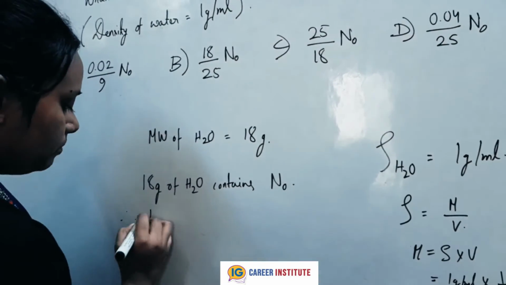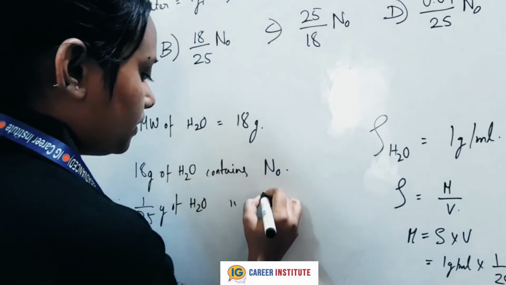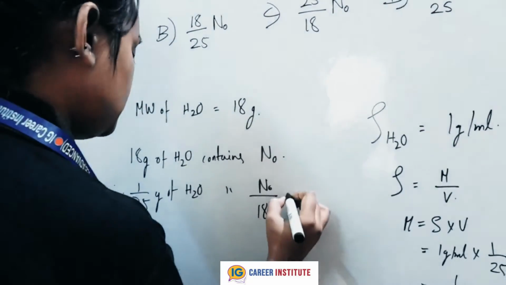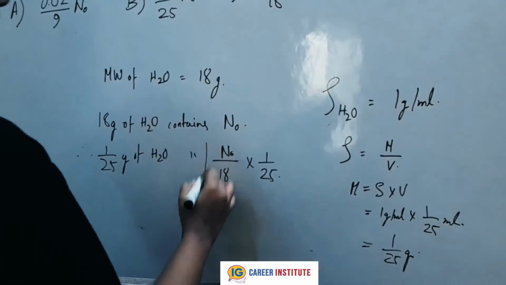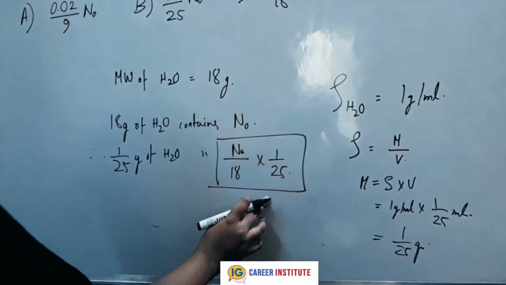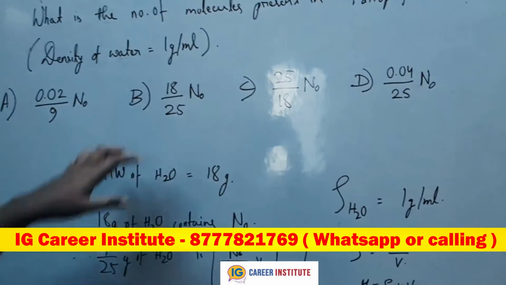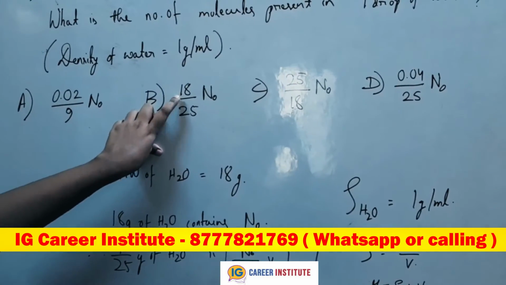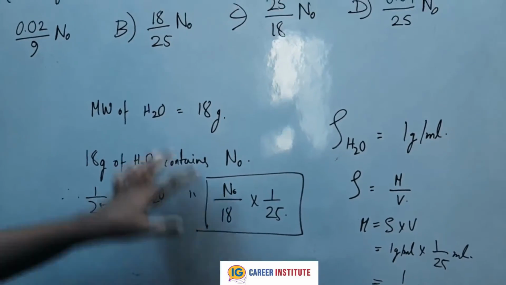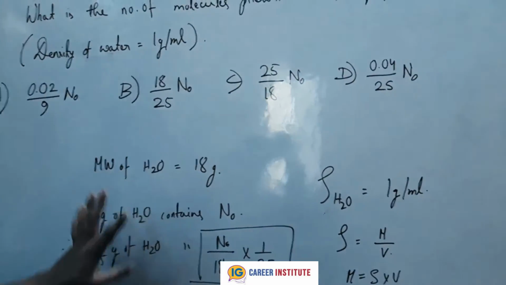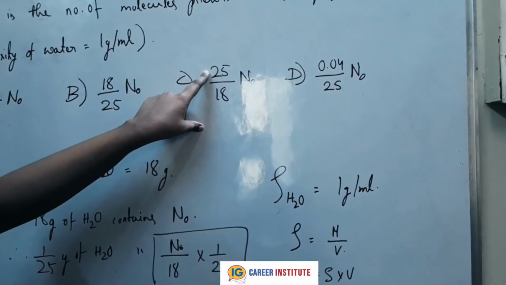Therefore 1 by 25 gram of water will contain N0 divided by 18 into 1 by 25. This is basically our answer. Now we have to match it with the options given. See option B, here 18 is in the numerator, so in no way it matches our answer. So option B is discarded. Next, see 25 is in the numerator part.